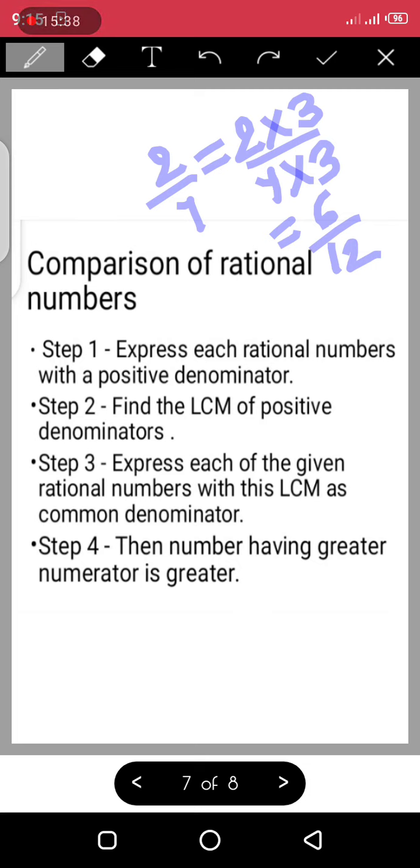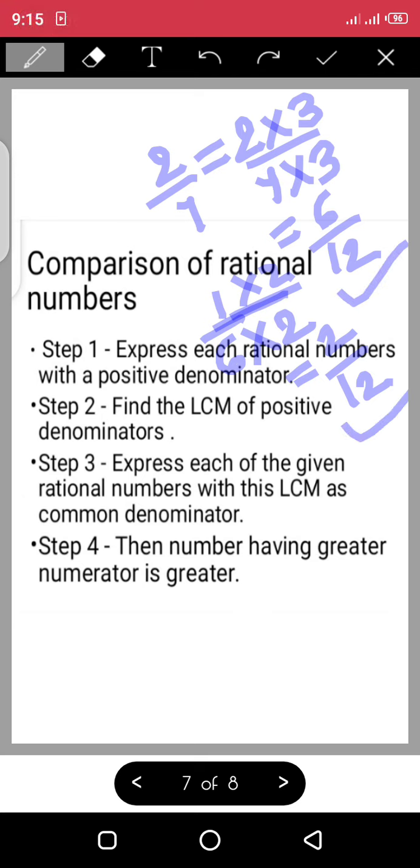Then the next number was 1 by 6. With what number will we multiply 6 to get 12? 2. So here we will get 2 by 12. So like this only we will express each of the given rational numbers with the LCM as common denominator.